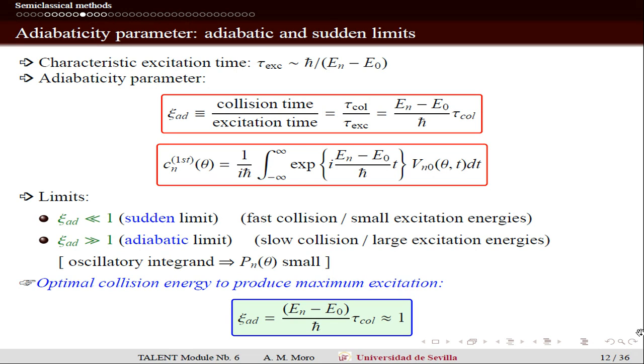So this will produce the maximum excitation. So this is the optimal condition for the excitation. This will correspond, for example, for a fixed incident energy, to some range of excitation energies. So we expect to have some excitation energies that are most populated for some specific reaction.